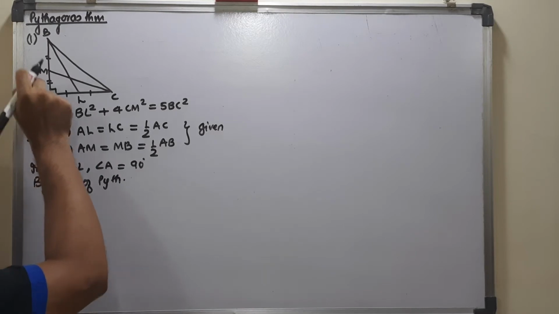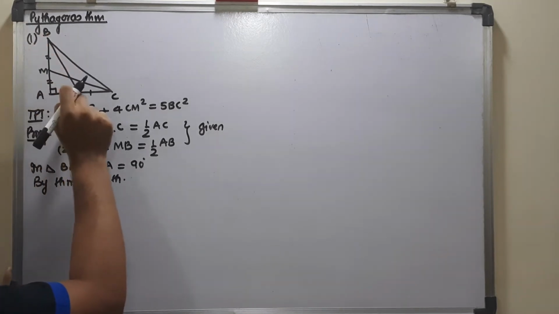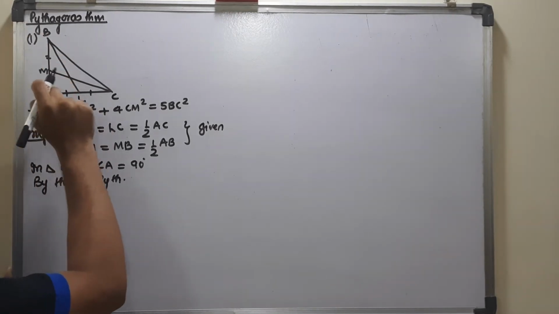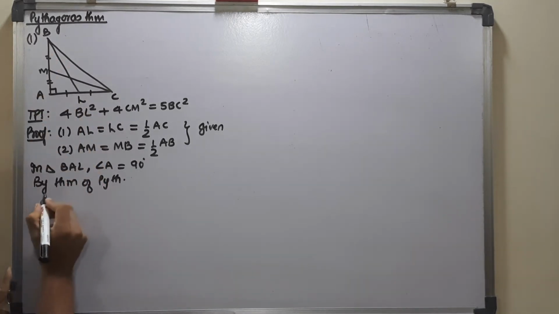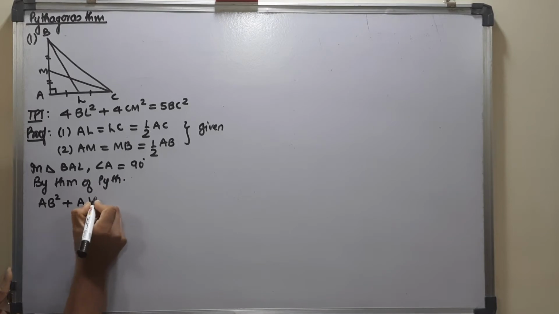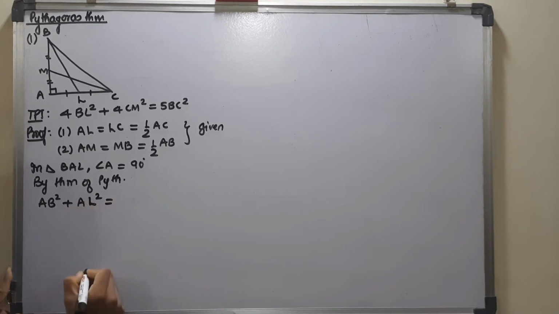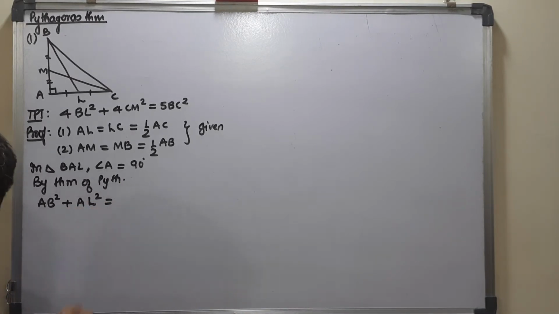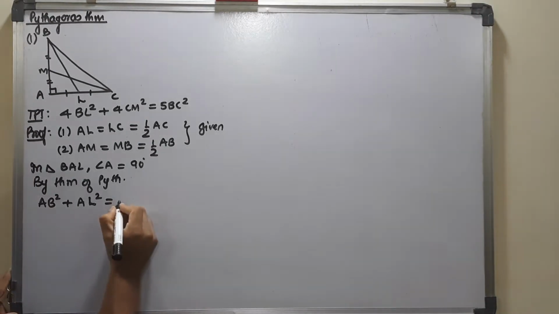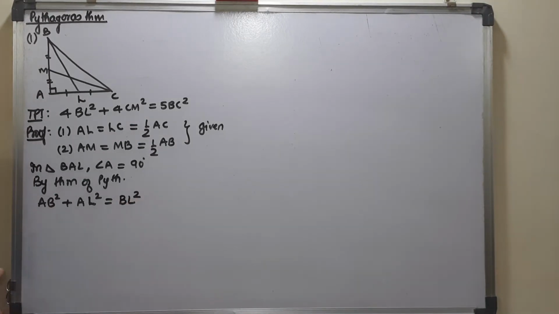So if you take this side, square this side, square second side, and add them, that is AB square plus AL square, that will be equal to the square of hypotenuse, that is BL square. Agreed?